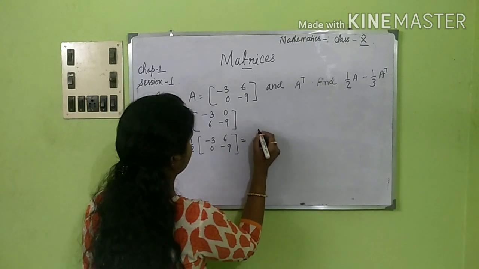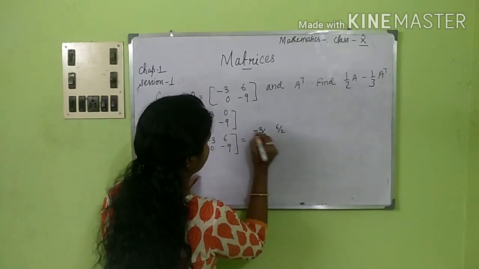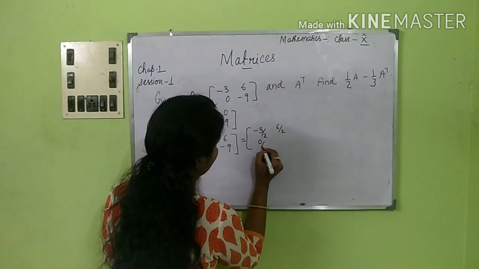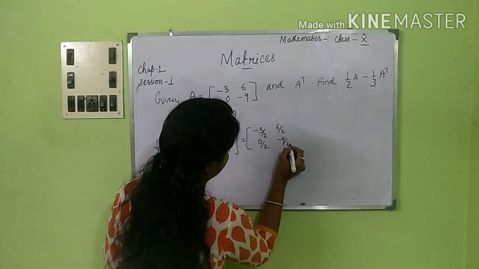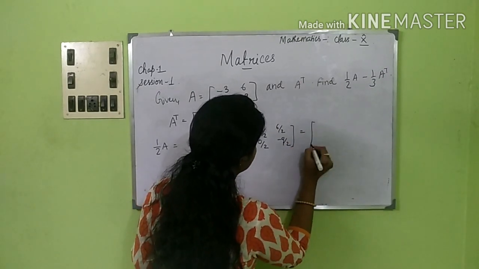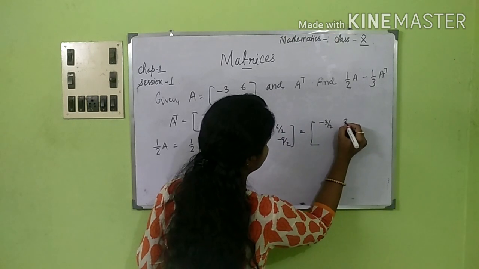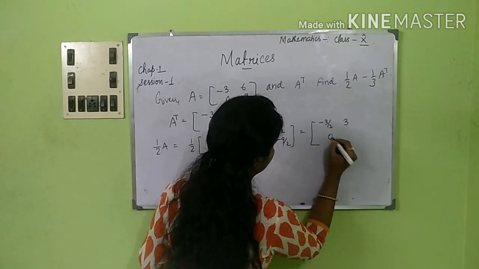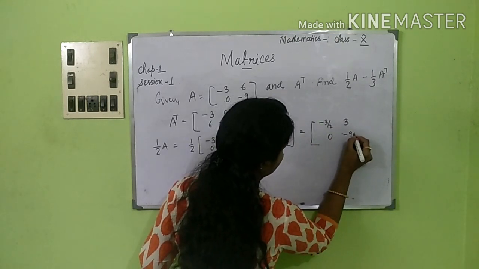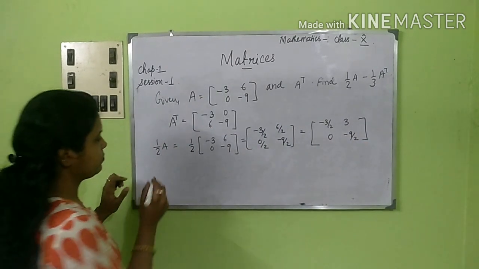We are getting minus 3 by 2, 6 by 2, 0 by 2, minus 9 by 2. So we have minus 3 by 2, 6 by 2 is 3, 0 by 2 is 0, minus 9 by 2. So this is half A.